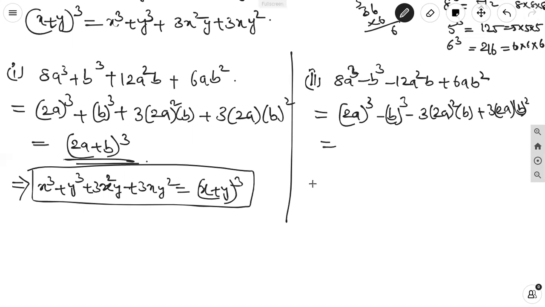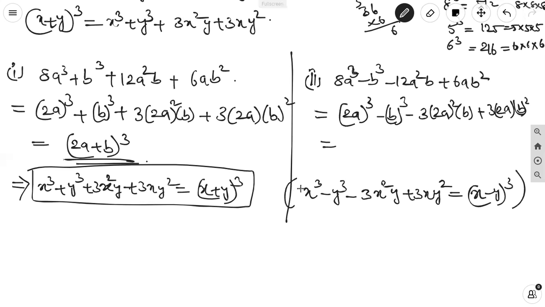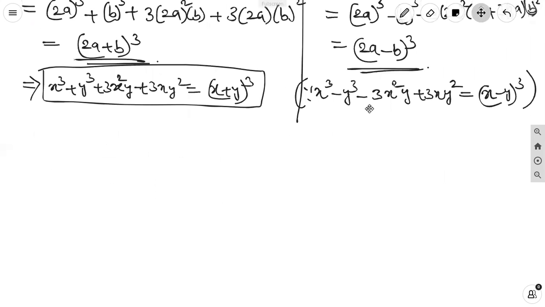So it is clearly in the form of x cube minus y cube minus 3x square y plus 3xy square, which is equal to x minus y whole cube. By that identity, we can write it as 2a minus b whole cube. It is the answer.